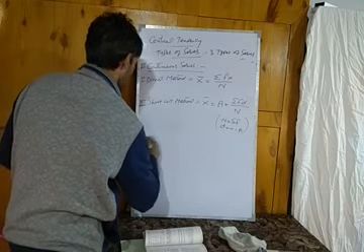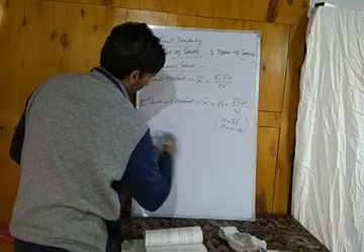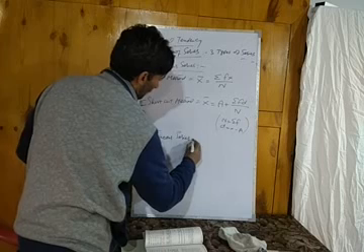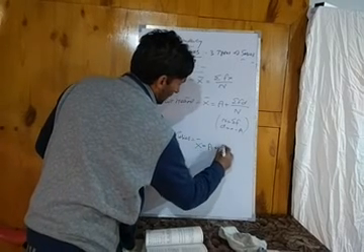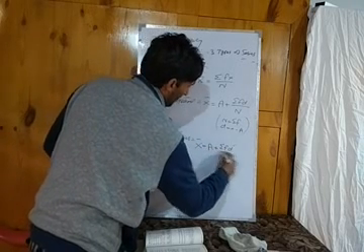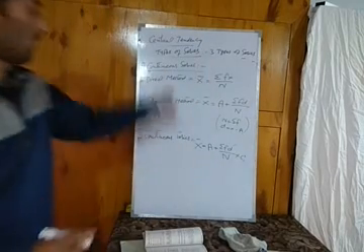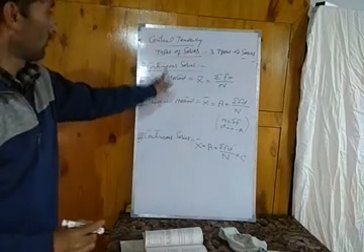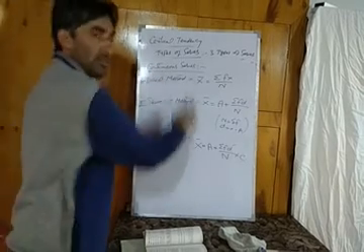Third one is step deviation method. For continuous series, x bar is equal to a plus summation fd dash divided by n into c. So these are the three formulas. The formulas for discrete series and continuous series are almost the same.